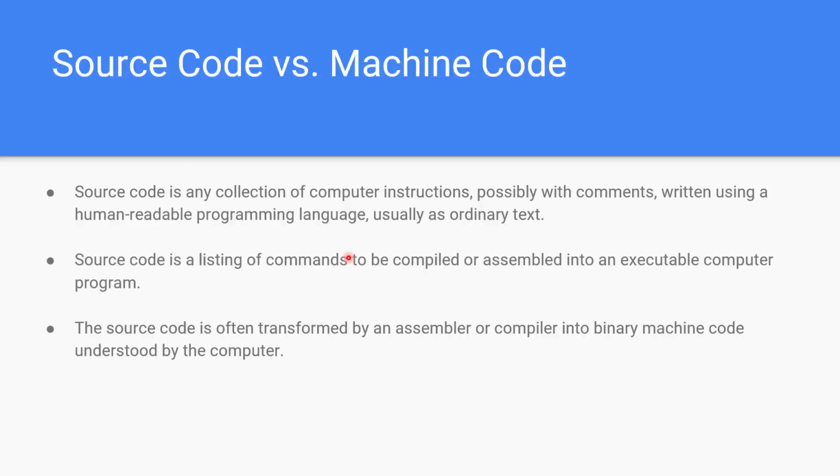Quite often, and most of the time, one line of source code can match several lines of machine code. We'll just say several lines because it's not always clear what the ratio is. And essentially, source code is compiled, or broken down, into the machine code, which will run on the chip.